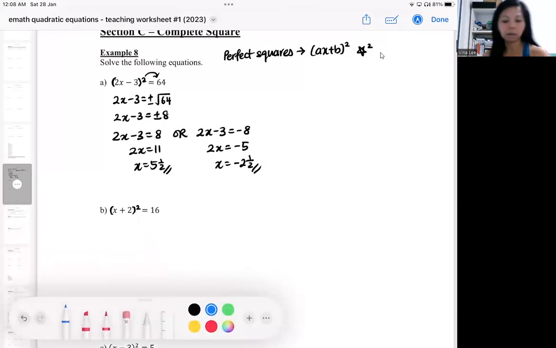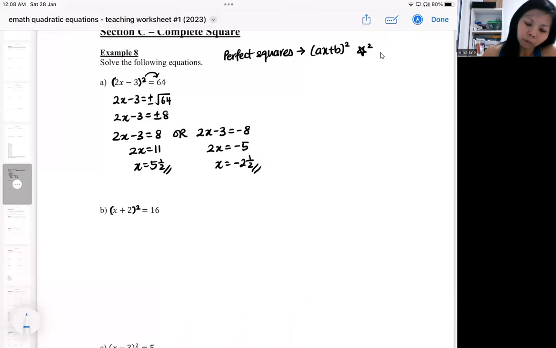You might be thinking, what if I prefer to expand? Well, if you prefer to expand, you will still get the right answer, except that it's a little bit longer. If you expand out, you'll get something like this.